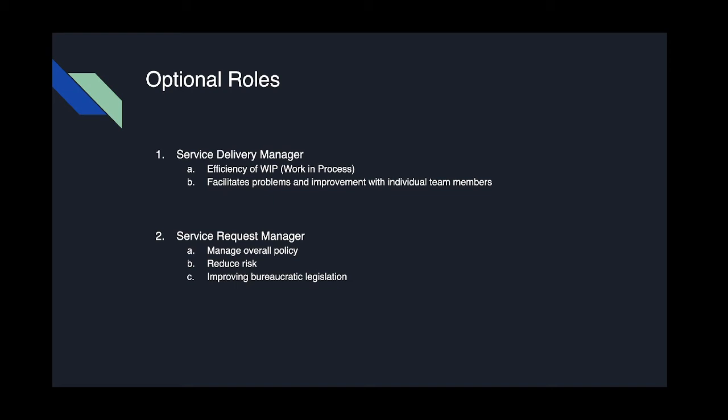The service request manager is usually a secondary role of the team manager, and this stakeholder is responsible for managing the process policies and consistency, improving corporate governance, and reducing the risk associated with each single individual team member.